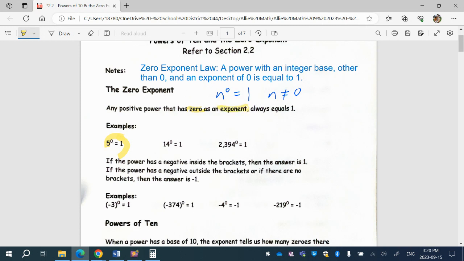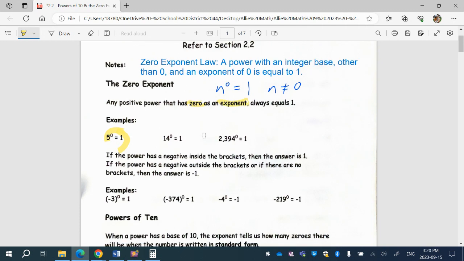So for example, 5 to the power of 0 equals 1. 14 to the power of 0 equals 1. 2,394 to the power of 0 equals 1. Okay, you get the pattern.